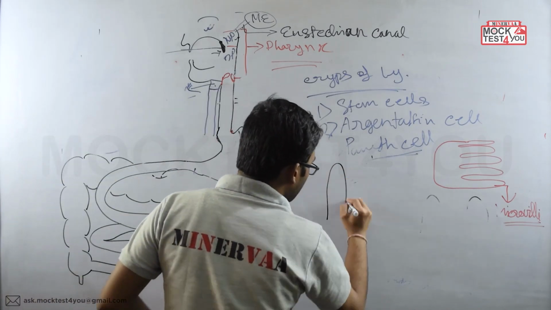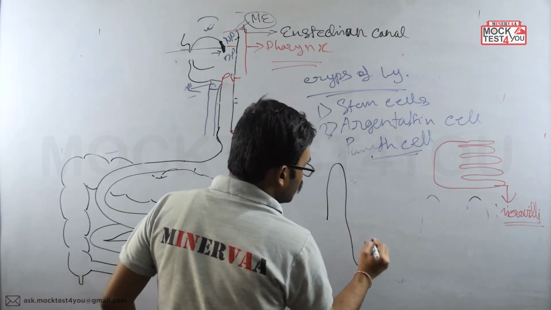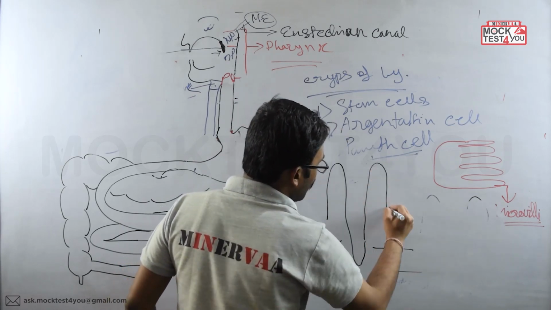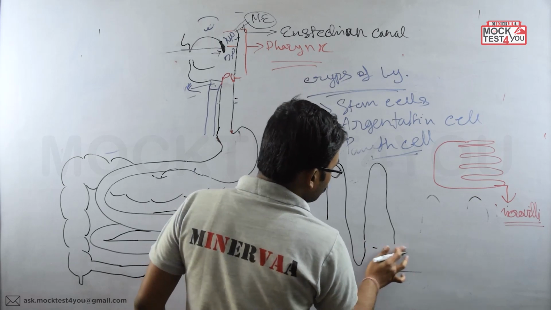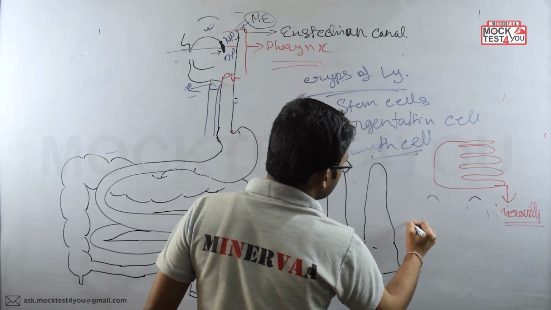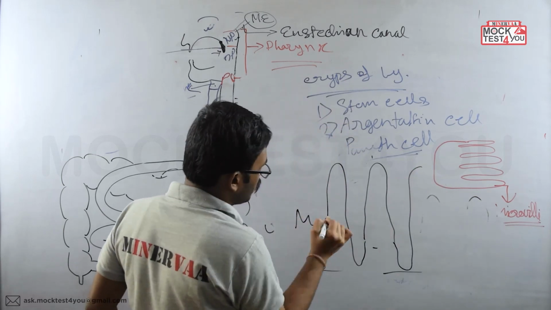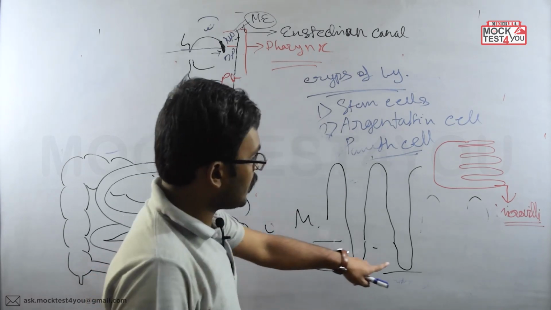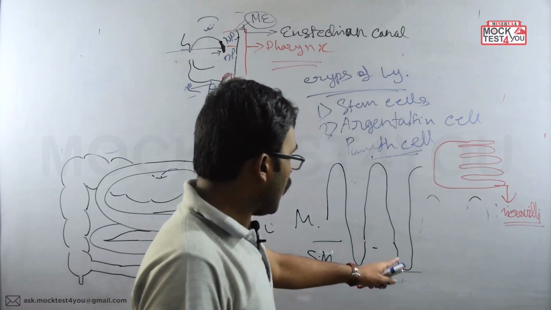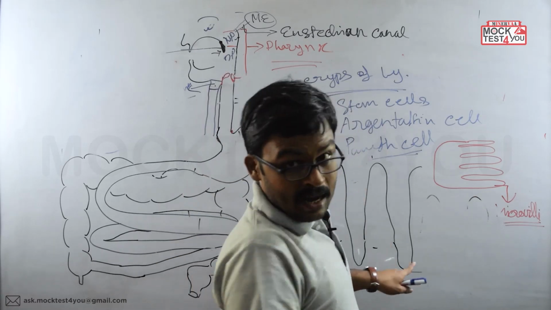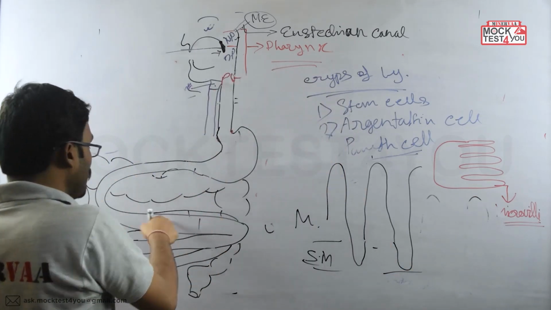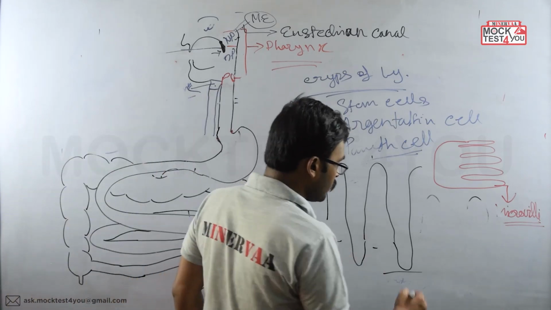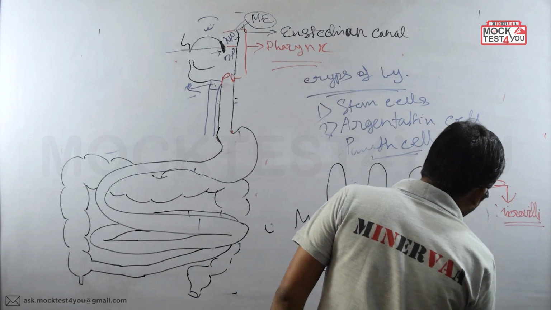Here a gland is present which extends up to the submucosal layer, and is limited to the mucosal layer and the submucosal layer. These glands extend up to the submucosal layer and are limited to the duodenum region only. What is the name of these glands? These glands are known as Brunner's glands.